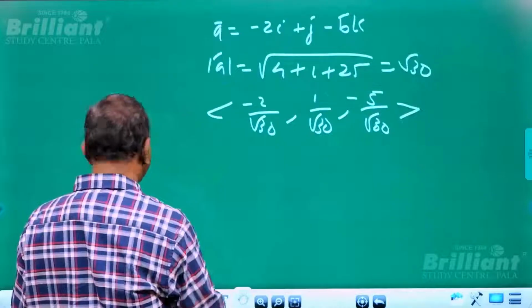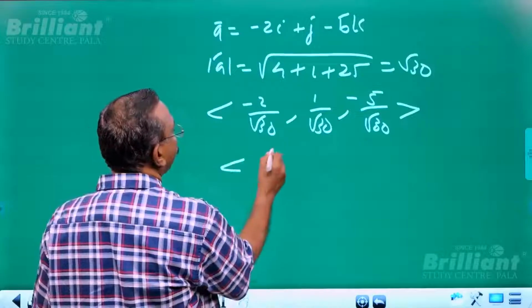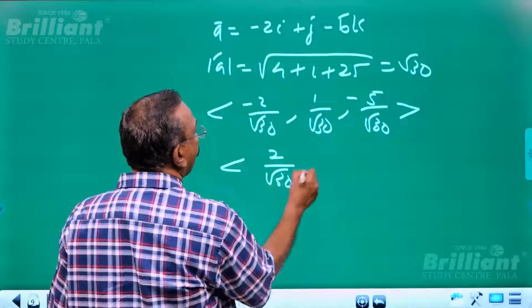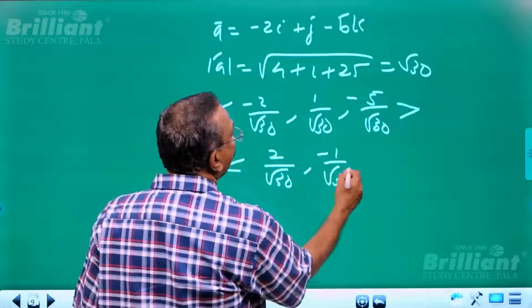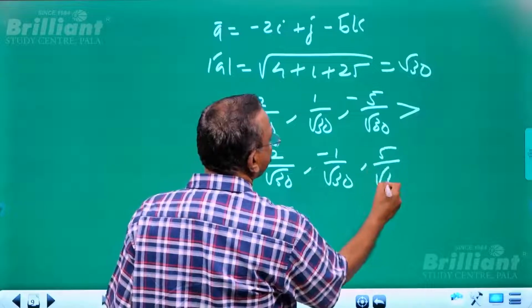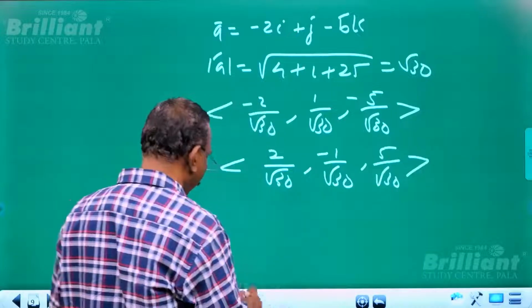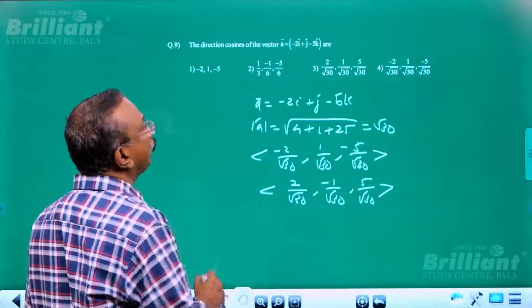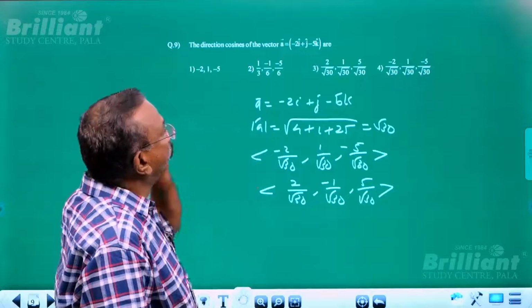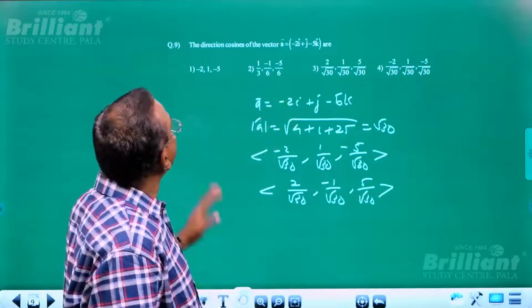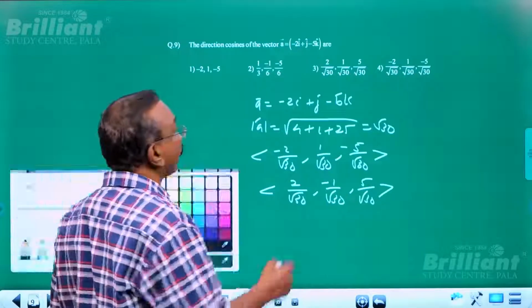It can also be written in the form 2 by root 30, minus 1 by root 30 and 5 by root 30, and we can accept it here. So the first one, option 4. No more is given. So, these are direction cosines.